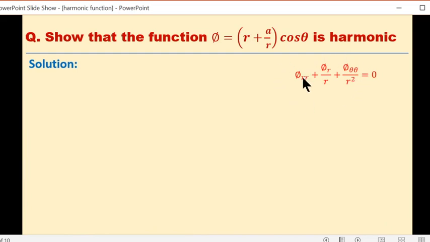Laplace equation in the polar form, which is 5rr plus 5r upon r plus 5 theta theta upon r square equal to 0. ये हमें शो करना है. तो first we'll take the left hand side of our Laplace equation in the polar form, that is 5rr plus 5r upon r plus 5 theta theta upon r square. Okay, let's substitute 5rr, 5r and 5 theta theta here.